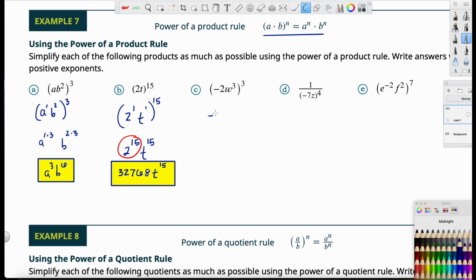Okay, part C, we have the same thing. t to the first times 3, w to the third times 3. I'm going to distribute the exponent.